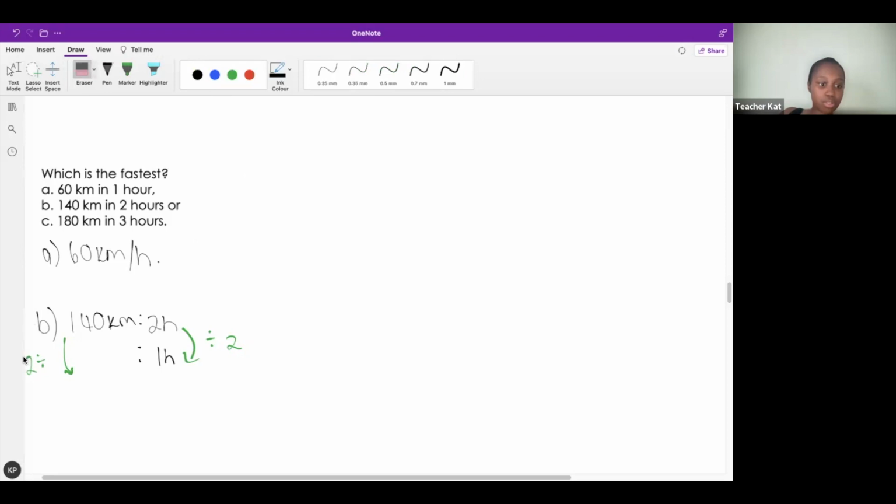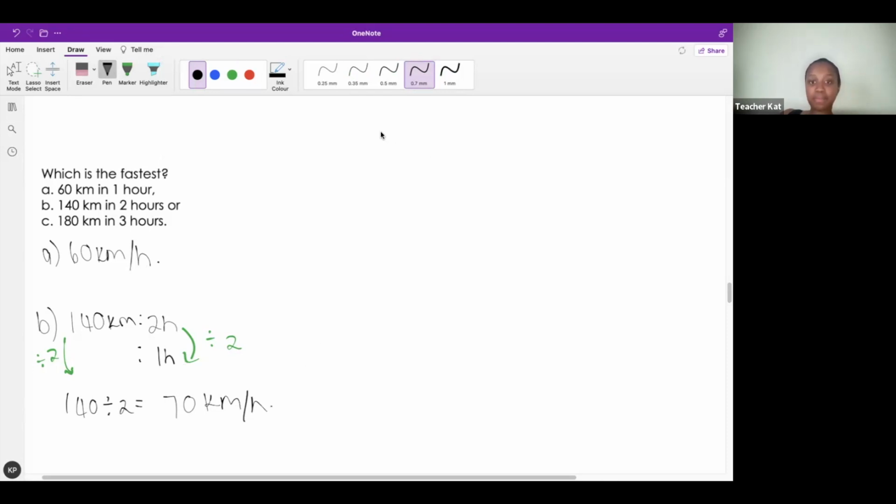Of course, I'm going to write it on the wrong side. Divide by 2 on both sides. So then how far am I traveling for 1 hour? 70 kilometers an hour. So already the second one is faster than the first one, right?